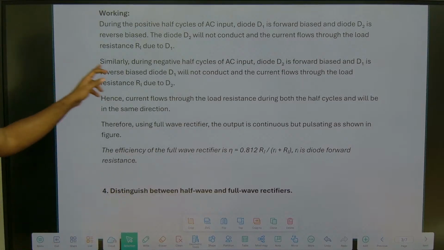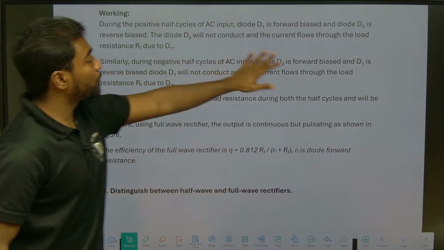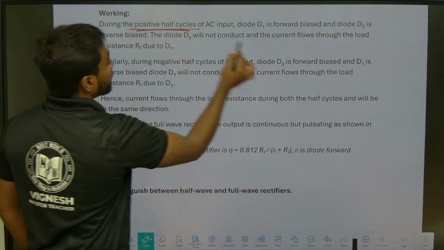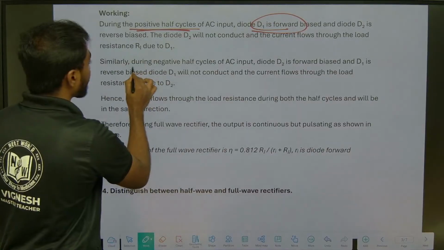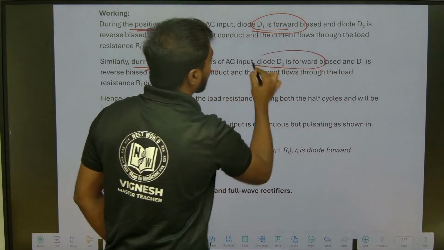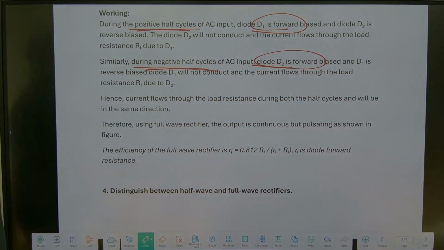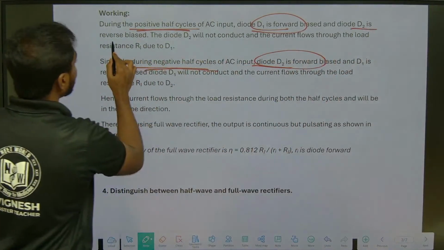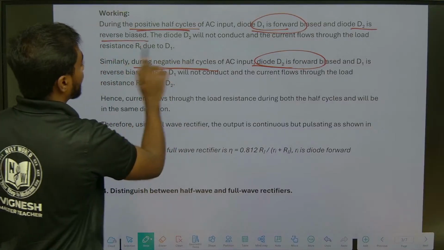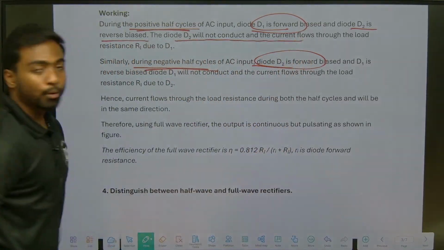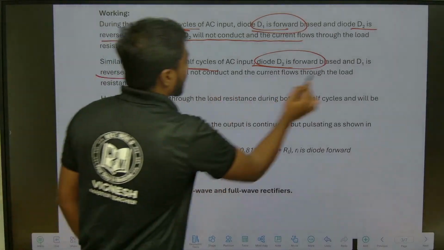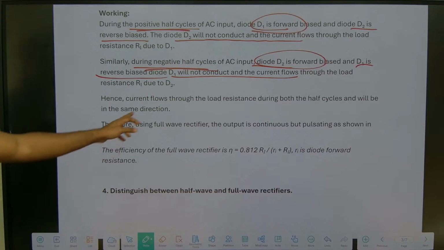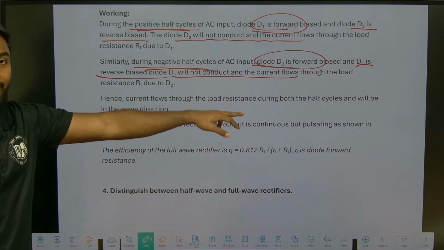Similarly, during the negative half cycle, D2 is forward biased and D1 does not conduct any flow of current, as it is reverse biased. Got it?